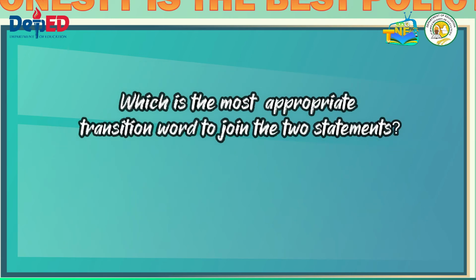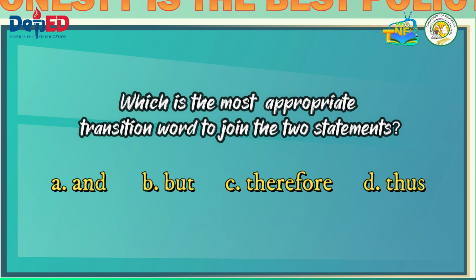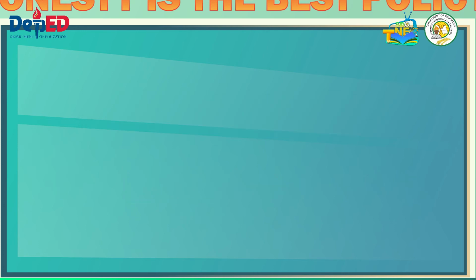Which is the most appropriate transition word to join the two statements? Is it A, and, B, but, C, therefore, or D, thus? Very good. The answer is B. How about in the second item?